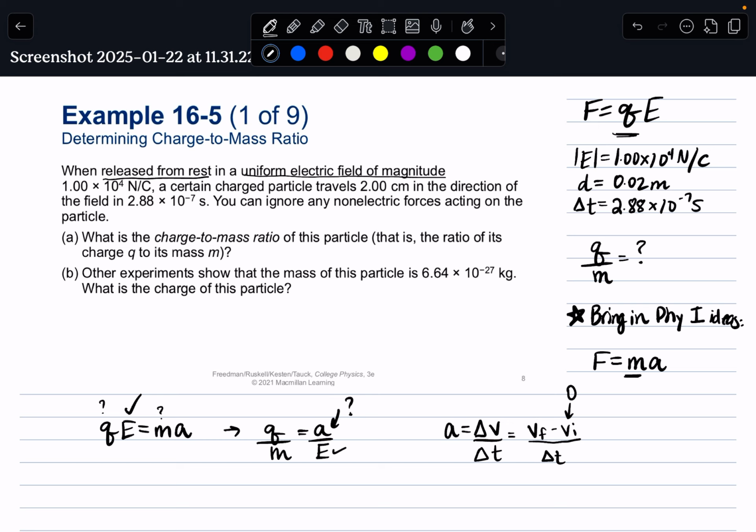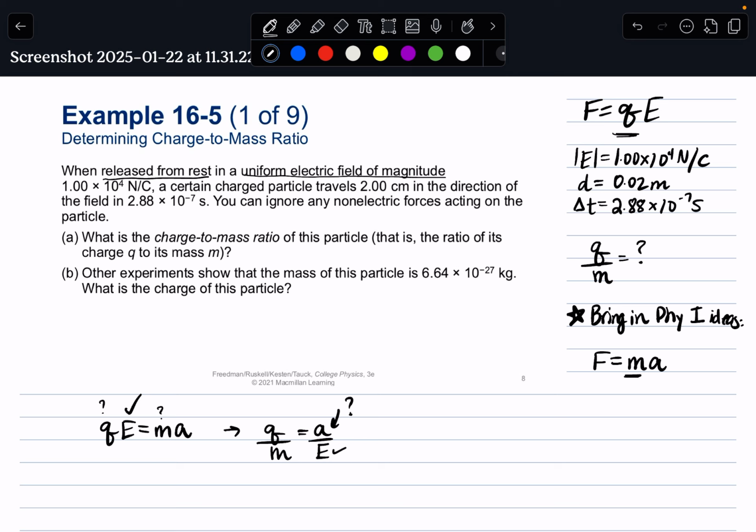A little more Physics 1 coming at you. What is the acceleration?